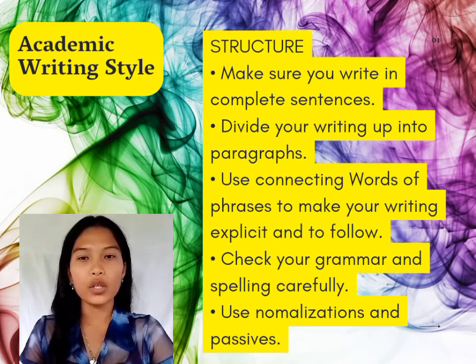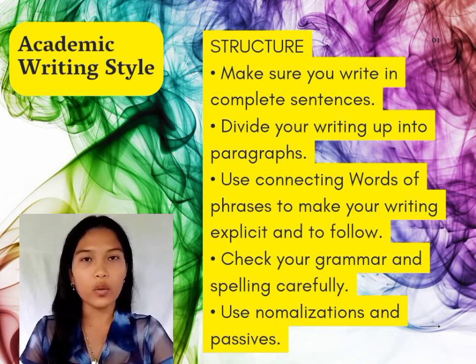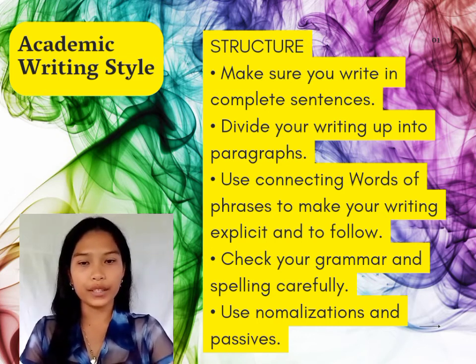Next, use connecting words or phrases to make your writing explicit and easy to follow. So remember coherence and cohesion. Next, check your grammar and spelling carefully. Try to read your paper again and edit any errors, and it is important to have a group reading.